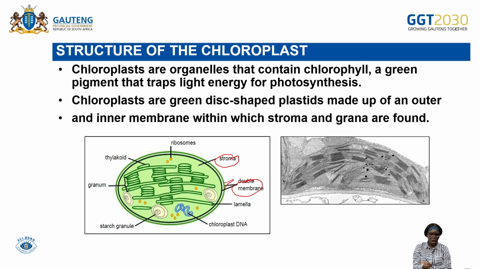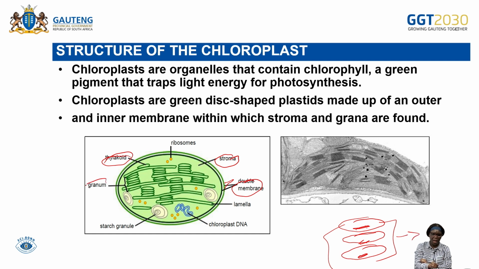And then we also have the thylakoid. Thylakoids are stack-like structures, and inside this there is chlorophyll. And the thylakoids will make a structure known as the grana.